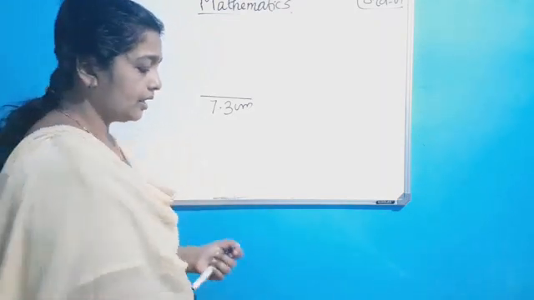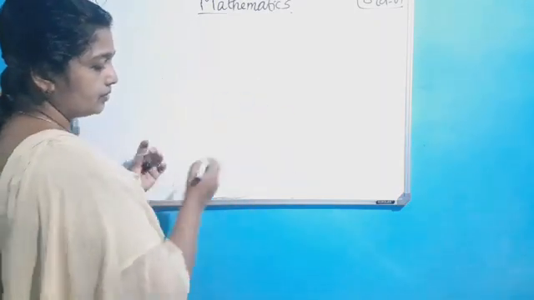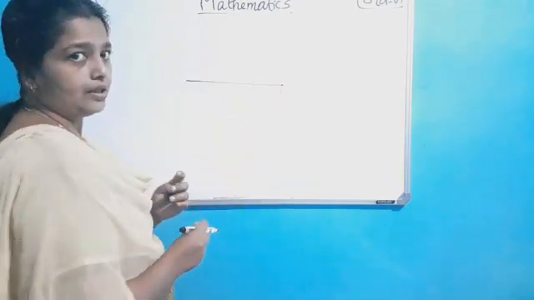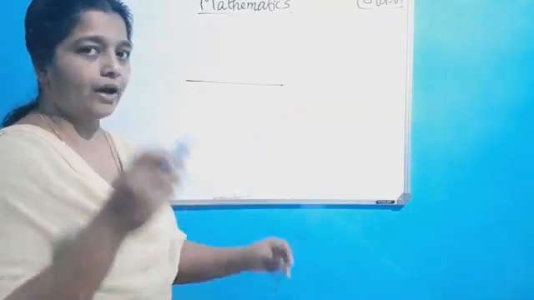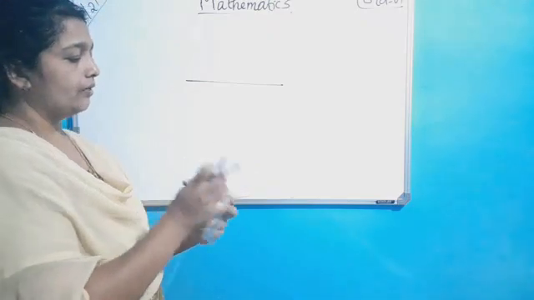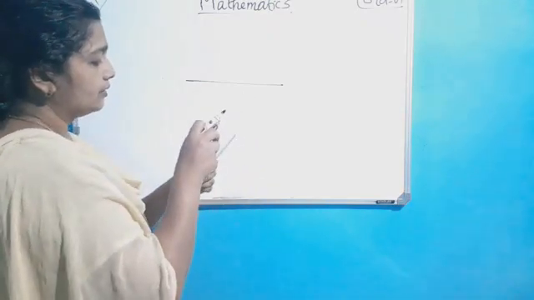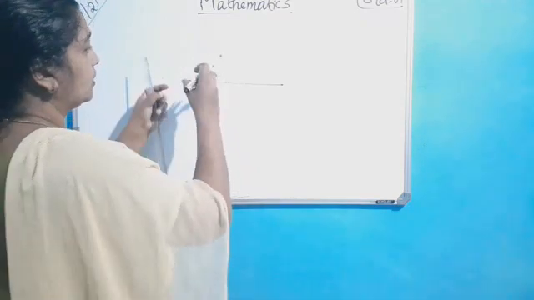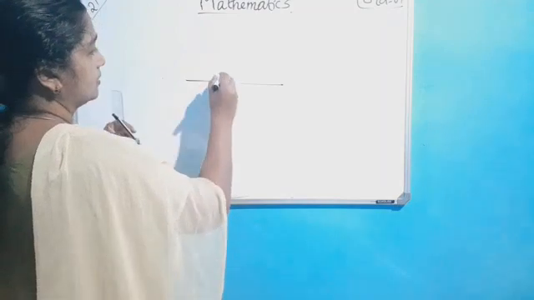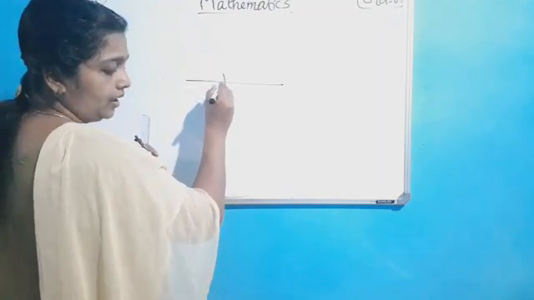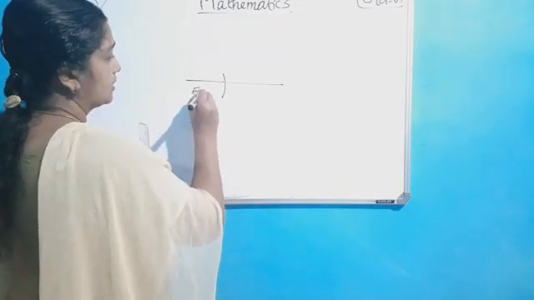How can we construct? First draw a line segment, any line, any measurement. Next from the scale take 5.6 centimeter and cut. Clear? Up to this you will get 5.6 centimeter.